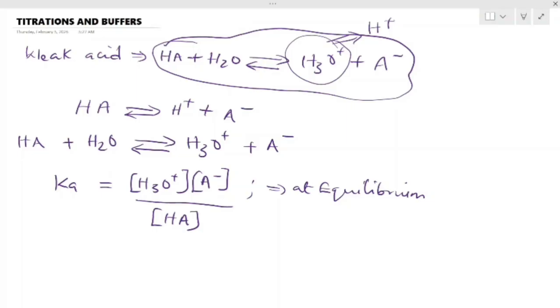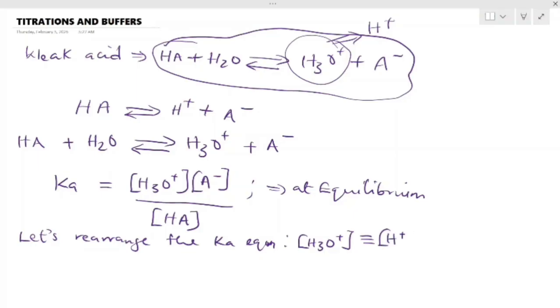So let's rearrange the Ka equation, in which the concentration of the hydronium ion is equivalent to your hydrogen ion.